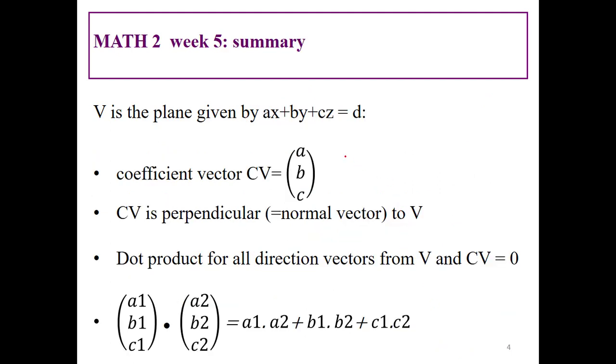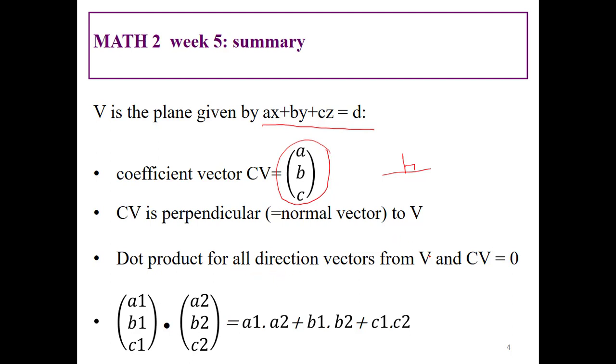So if we summarize this, then V is a plane given with an equation. The coefficient vectors are the elements in front of the x, y, and z. And this coefficient vector we know will be perpendicular to the plane V. Okay? How do we calculate a perpendicular vector?